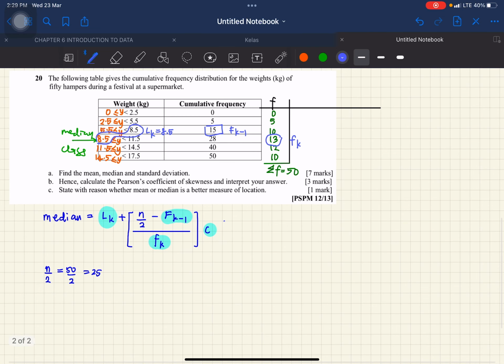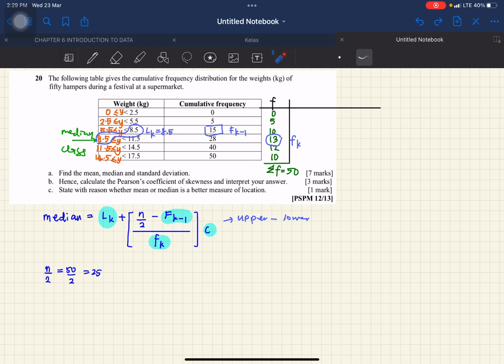Okay, settle. So last information yang kita perlukan adalah the class width. So formula untuk class width adalah upper minus lower boundary. Okay, so upper boundary minuskan dengan lower boundary. Right, so dia ada lagi satu trick yang saya suka buat untuk kita cari class width. Sepatutnya class width dia akan sama untuk setiap interval kita.